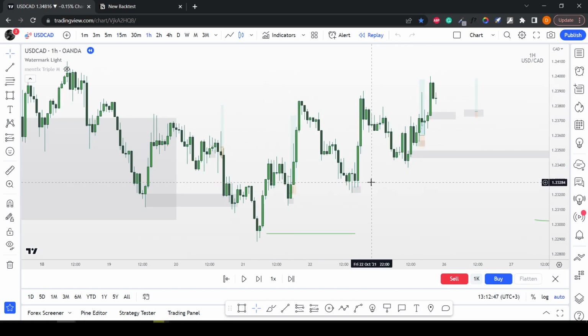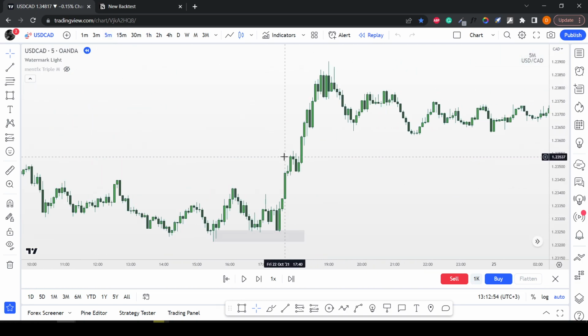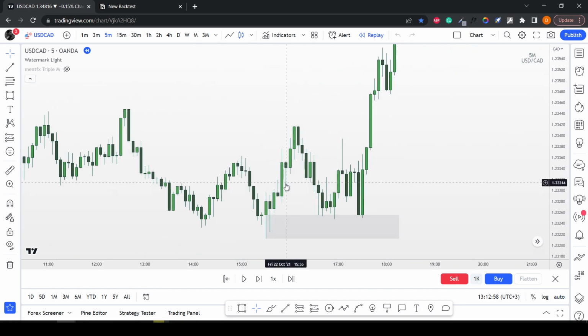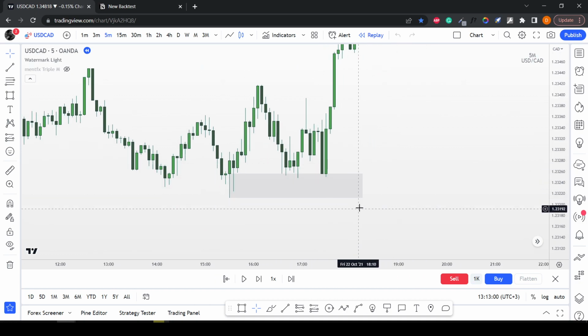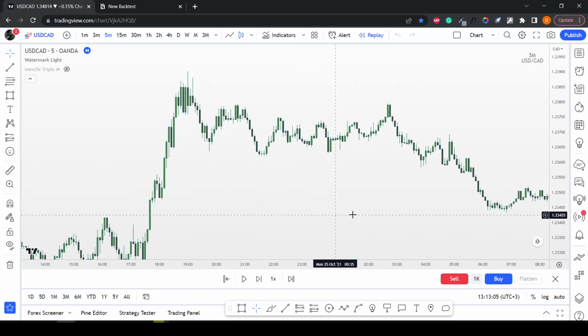Okay, so I checked the video, and basically it was just a missed trade, but my argument for missing it is that the range on 5 minutes was mitigated, and I expected a deeper move, but it never happened, so I just missed this move.